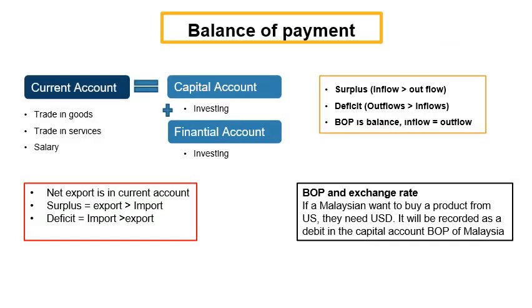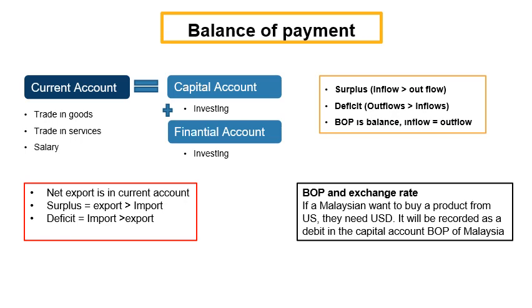Now we will move on to the balance of payment and its importance. A balance of payment is a statement that records all the receipts and payments made at international level between one country and the rest of the world.